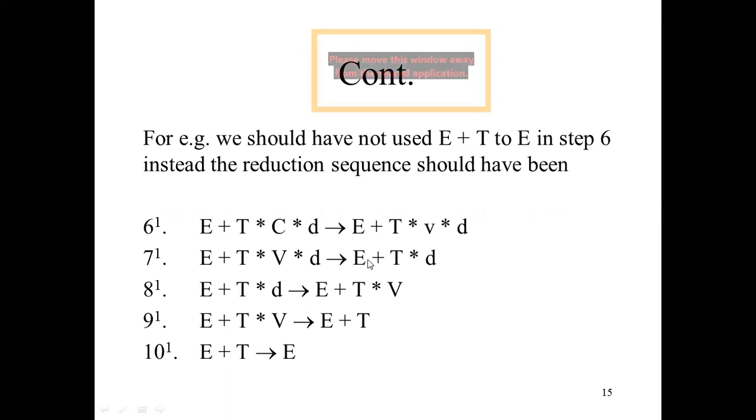Again we have to write this right hand side thing towards the left hand side. Again we are writing E plus T star D, and then you can see again we are going to replace this D by V, because we can replace any of A, B, C, D by V. So again we are changing this D by V, and again we are getting T star V. Again we will first write this statement here, and then we will replace this T star V by T. What is the T star V?